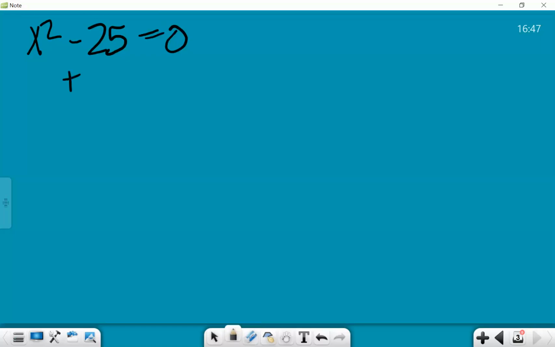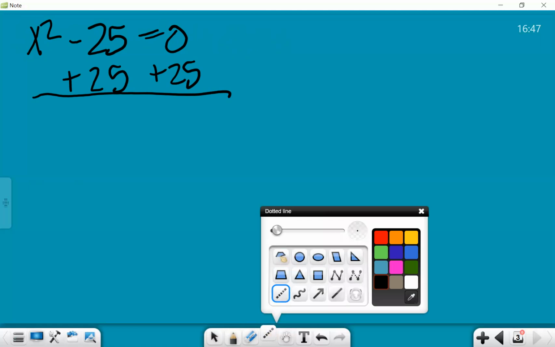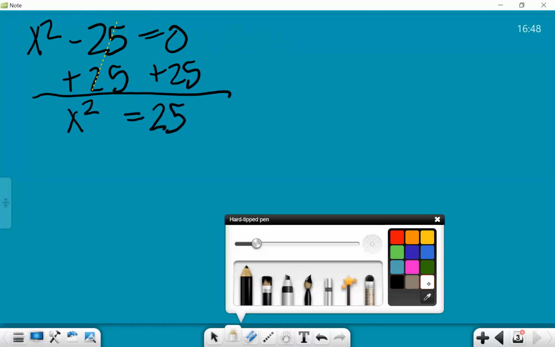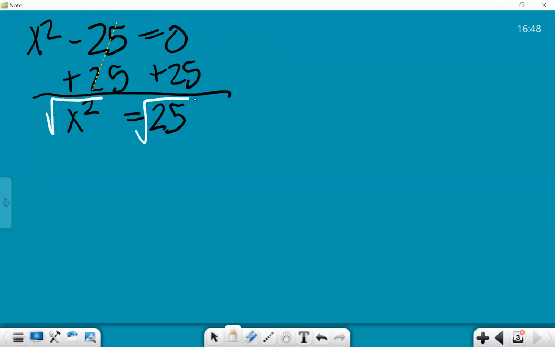So I'll add 25 to both sides. And then I'll end up with x squared equals 25. I want to undo the squared, so to undo the squared, I'm going to use a square root.